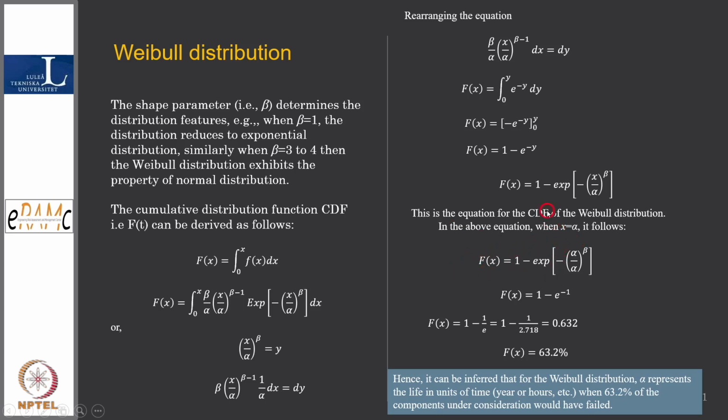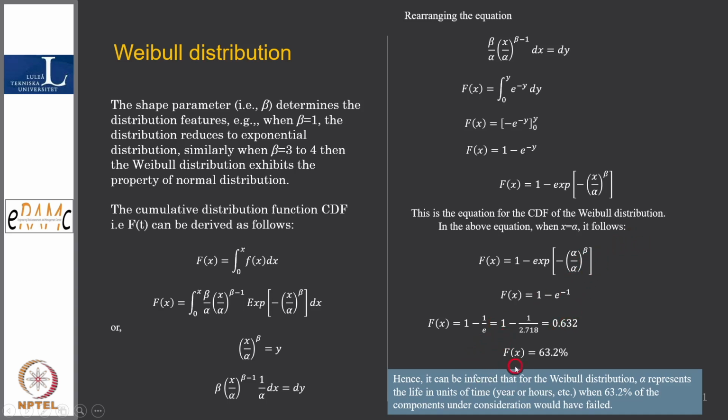So when x is equal to alpha, we get the characteristic life. It reduces to 1 minus exponential of minus 1, and finally this is 63.2. So for the characteristic life, 0.632, that is 63.2% of failures would have occurred, and when it reaches 1, all the failures would have occurred.